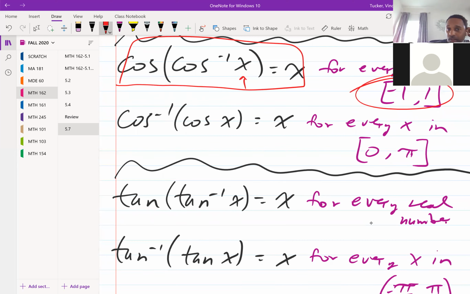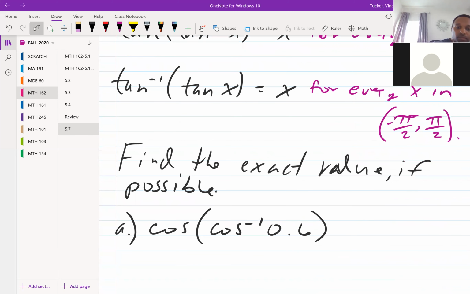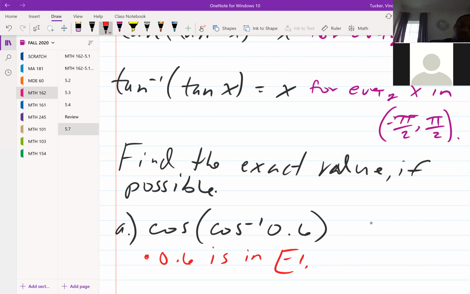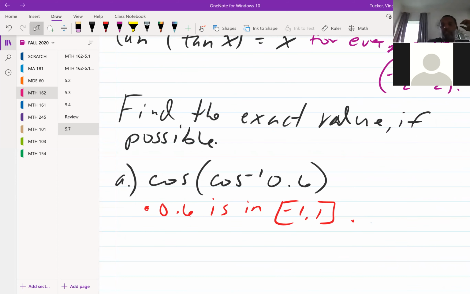If x is in that interval, then we're good to go. 0.6 is in the interval. So since 0.6 is in that interval, the answer is 0.6. Cosine and cosine inverse will cancel.